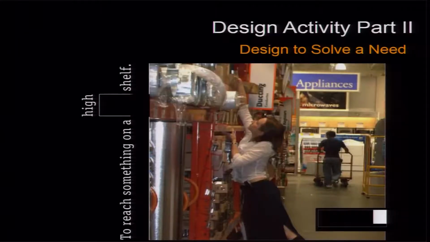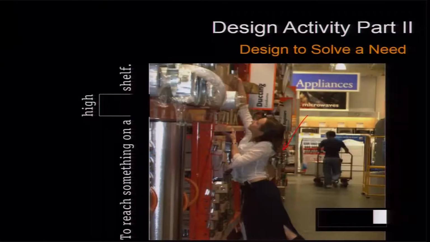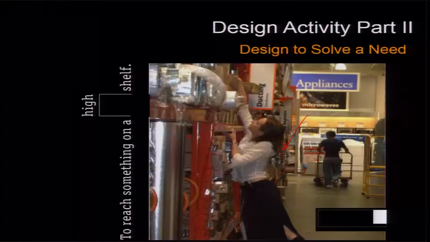Probably that is the most difficult part in this picture, that you are not able to reach a material which is placed on a higher rack or a higher shelf, because you do not have some kind of a foot ladder or something in place.